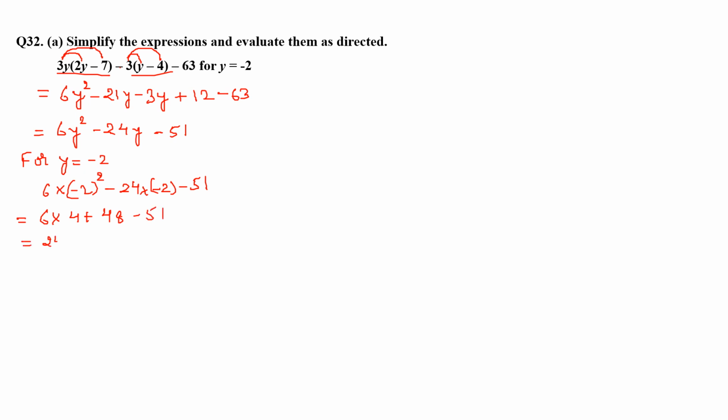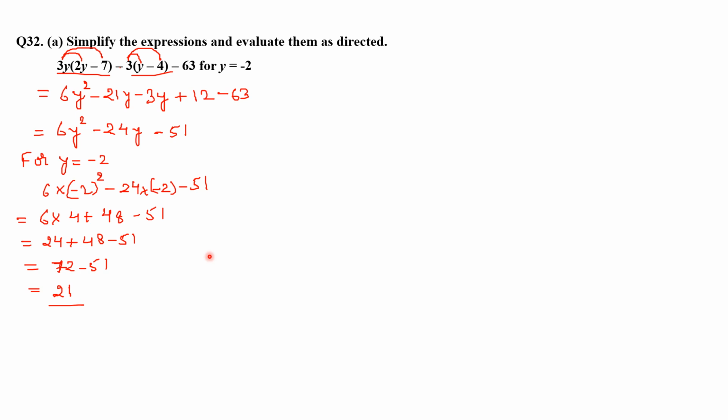So this will be 24 plus 48 minus 51. And 24 plus 48 will give you 72 minus 51. And the answer will be 21. Okay, so this is your answer. Like this you have to do when the question says simplify the expression and then evaluate.